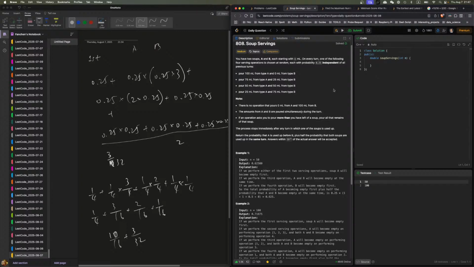So the equivalent is how many different ways we can add these numbers up to become n, while the other one does not become n. All right.